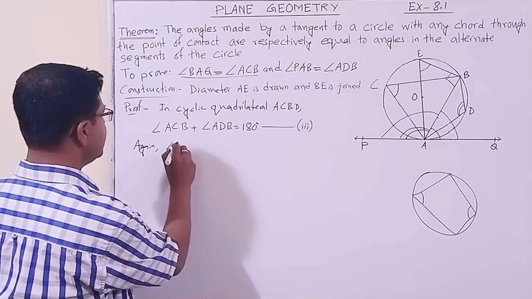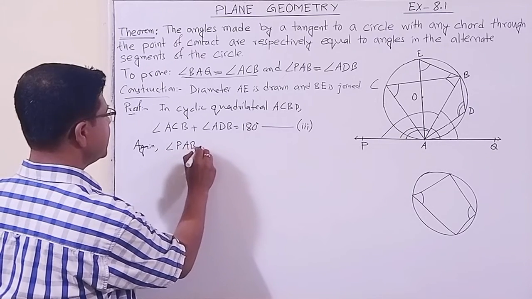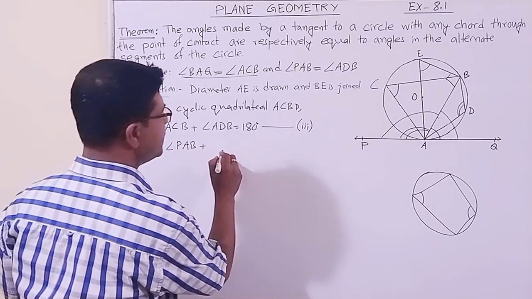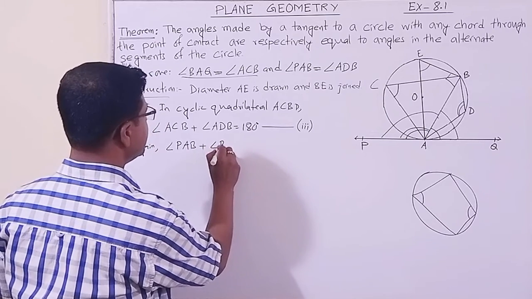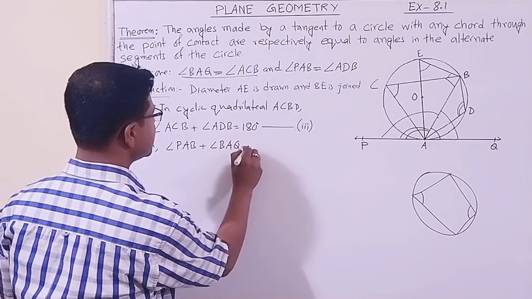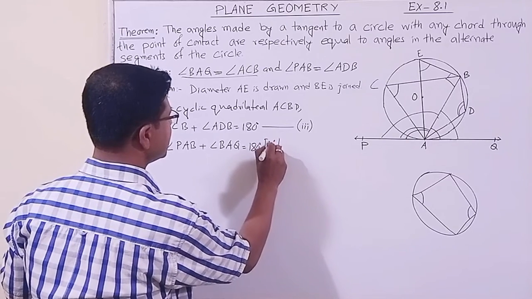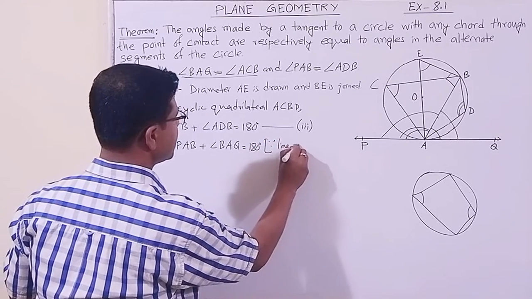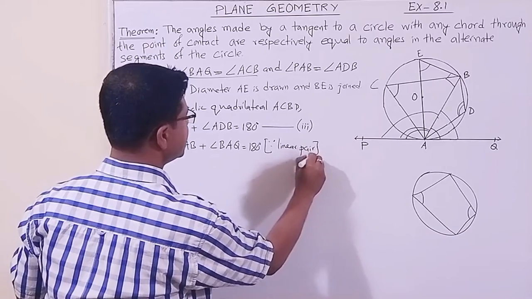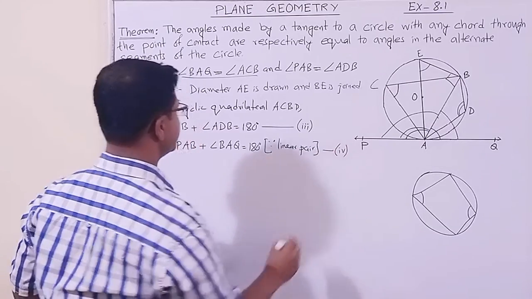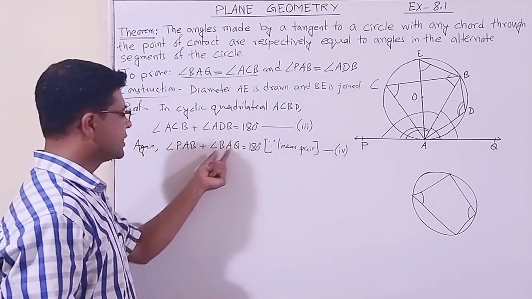Angle PAB plus angle BAQ. What is their sum? 180 degree, since they form a linear pair. This is equation 4. This is 180 degree, their sum is also 180 degree.